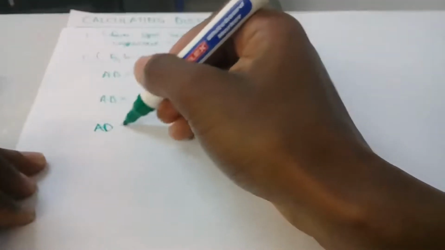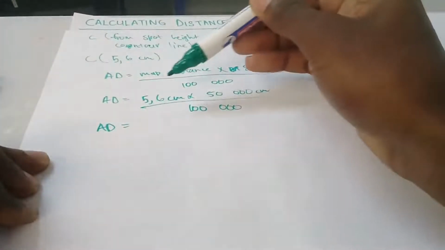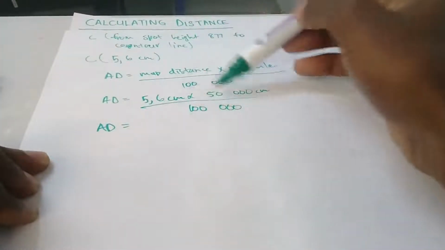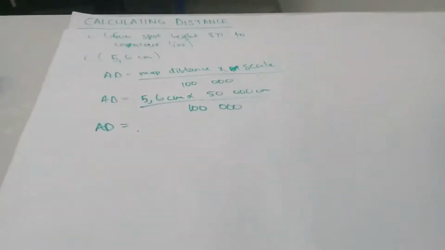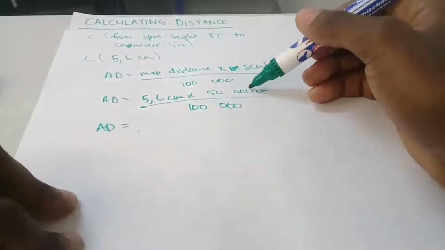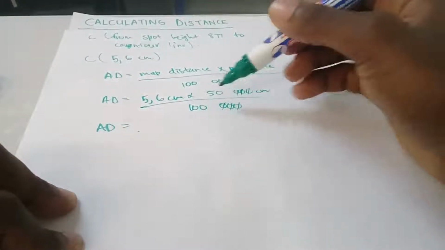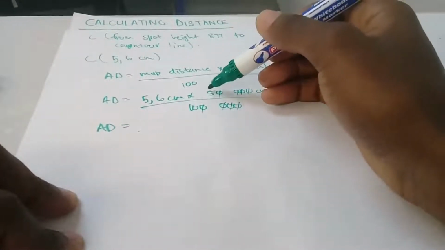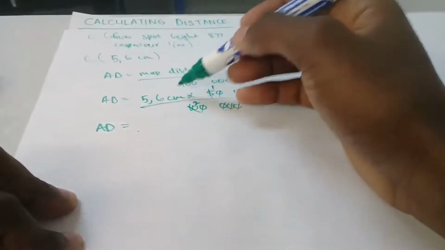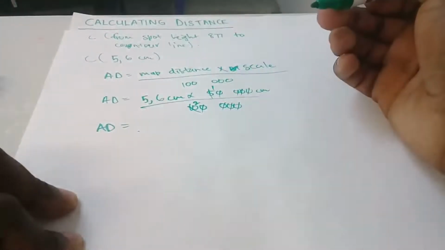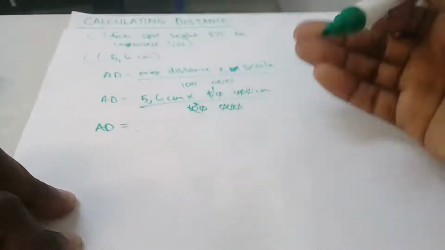You multiply this using your calculator and divide by 100,000 to get your actual distance. But in other ways, as I showed you before, you can say this zero and this zero cancel. There's 1 5, there are 2 5s and 10. So 5.6 divided by 2, 5.6 over 2, and you get your actual distance. Or you can just press all of this in your calculator.